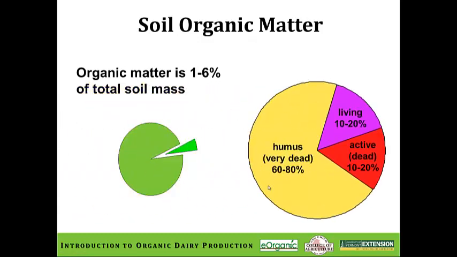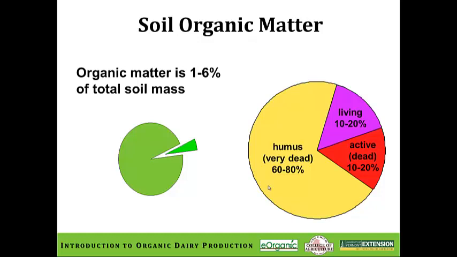As we mentioned earlier, soil organic matter on the whole is really just a small fraction of your soil. And organic matter itself usually makes up 1 to 6% of the total soil mass, and of course for some it can get even higher than that. Now within the soil organic matter, we just talked about 3 types of organic matter: the living, the dead, and the very dead.